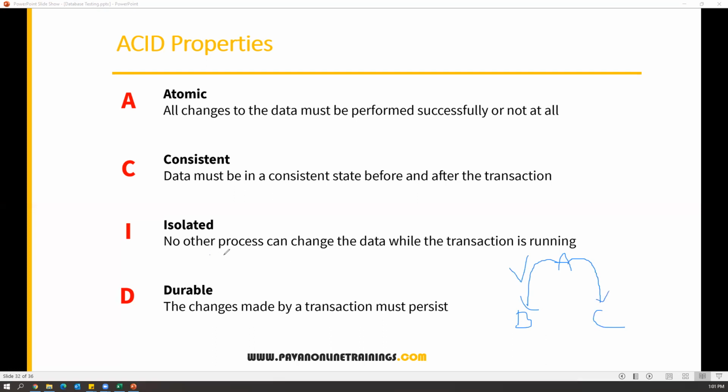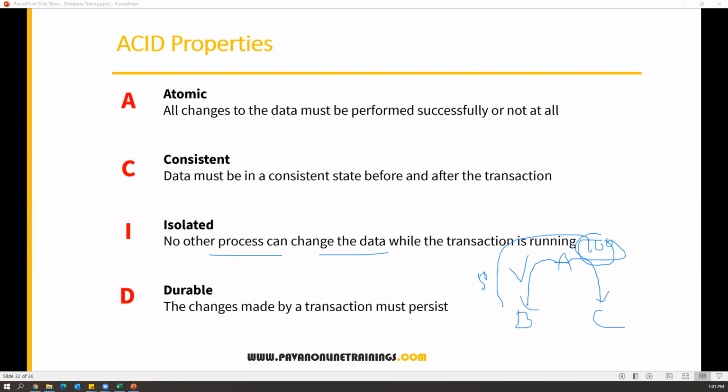That means A contains $100 and A initiates a fund transfer to B, let's say $50. At the same time, on the same data, the other transaction should not start. Another transaction should not use the same data, and it should wait till the old transaction is completed. So that's called isolated. No other process can change the data while the transaction is running.